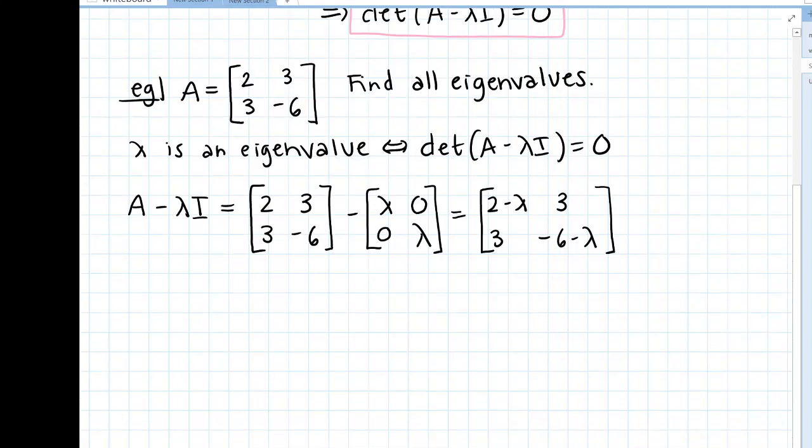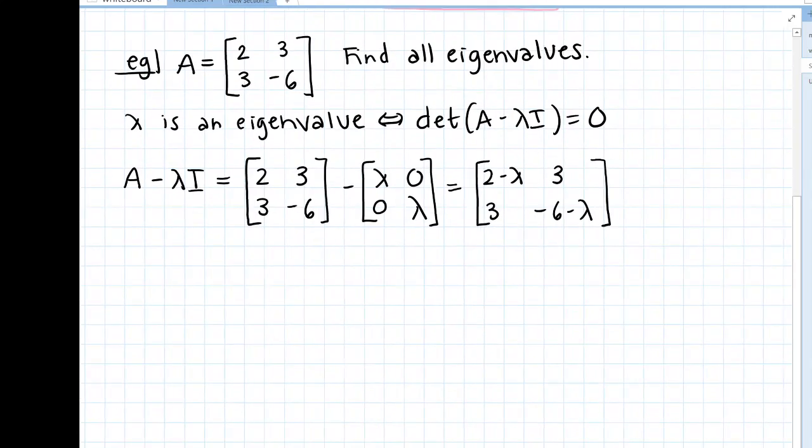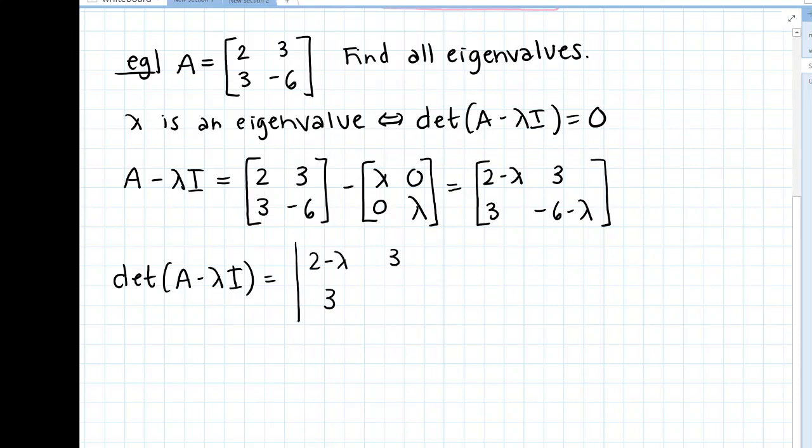So now what do we want to do? We want to take the determinant of this matrix and set it equal to 0, because that will allow us to then solve for what that original eigenvalue lambda should have been. So the determinant of A minus lambda I is going to be the determinant of 2 minus lambda, 3, 3, negative 6 minus lambda.